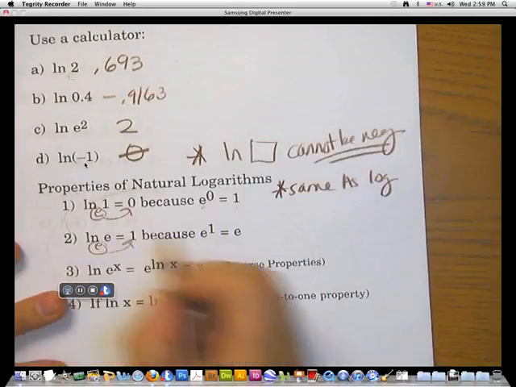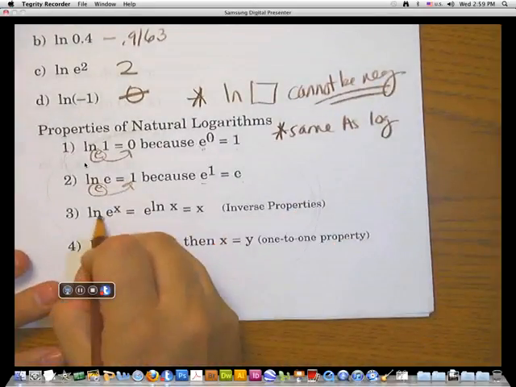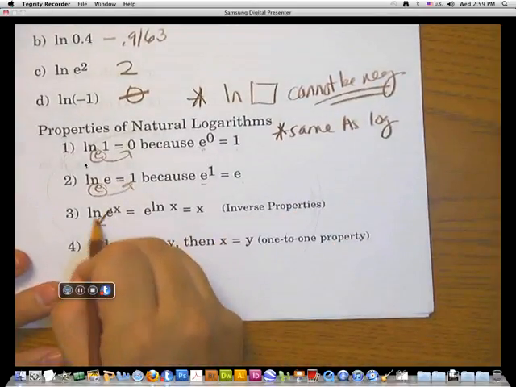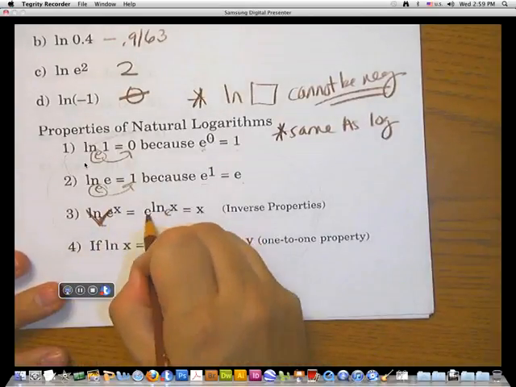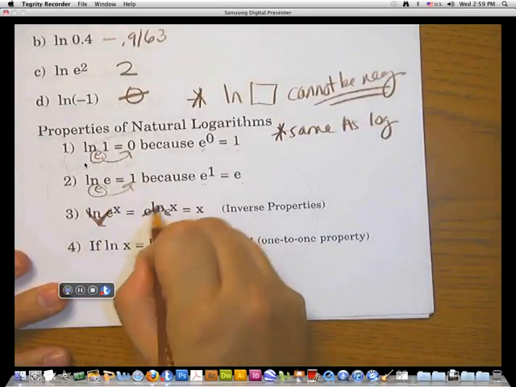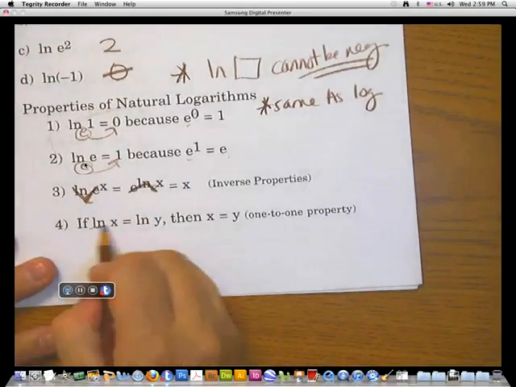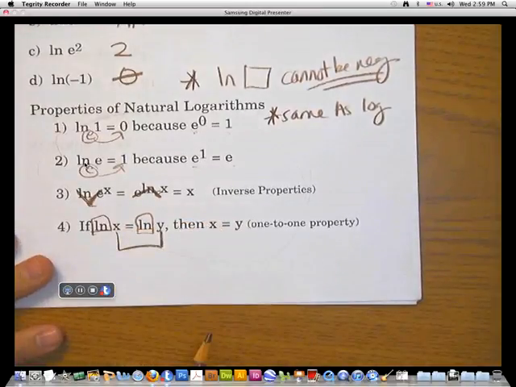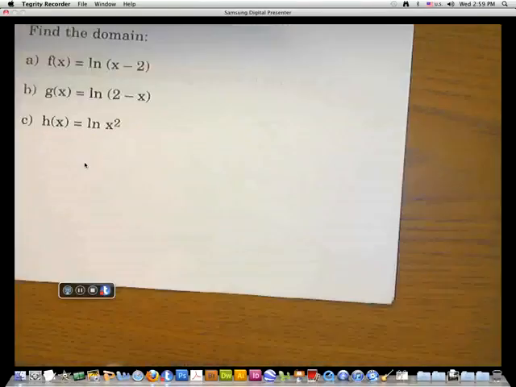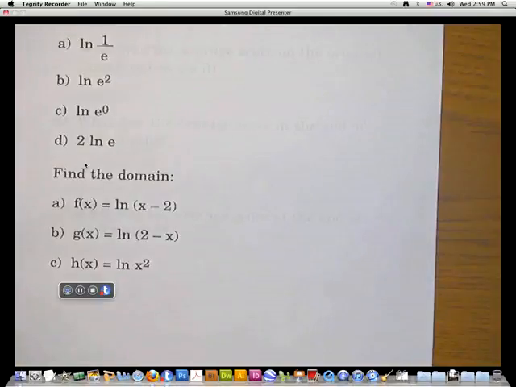And e to the ln of x cancels, since if the base of the log and the base of the exponent are the same, it cancels. So the rules for logs are the exact same as our rules for ln.